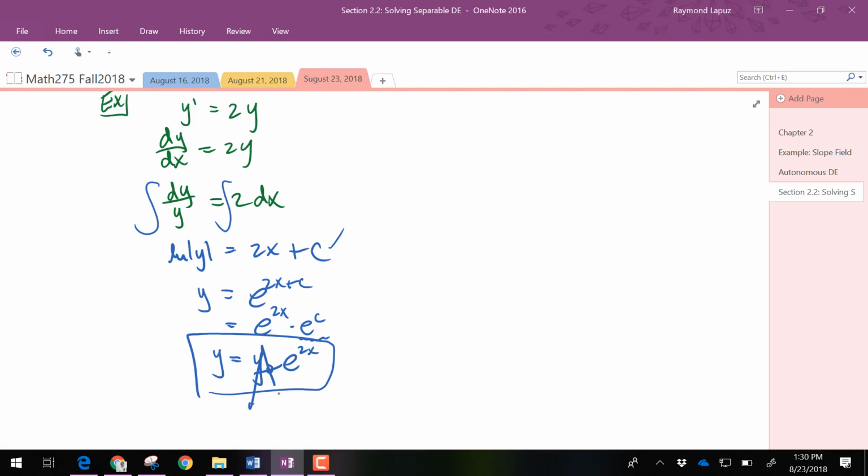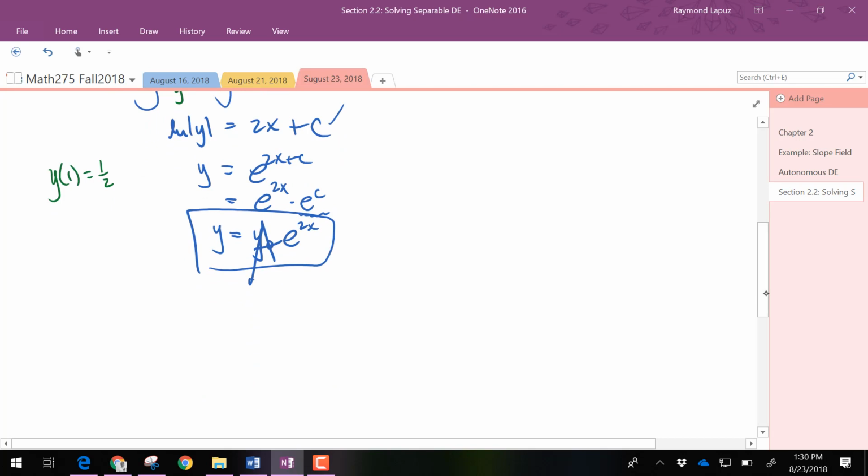What was our initial condition again? We had an initial condition. All right, so we should be able to solve for this A by using this initial condition. So when x is equal to 1/2, y is equal to 1/2.